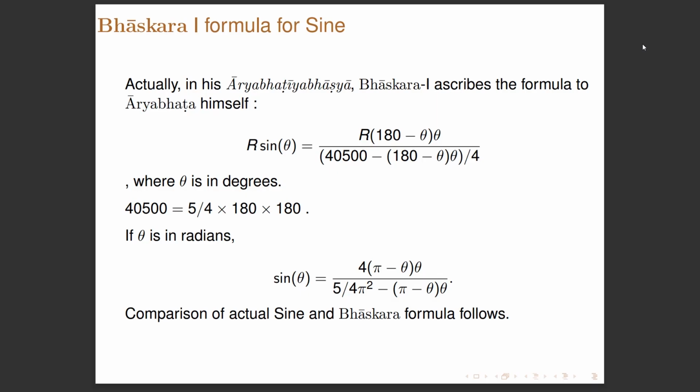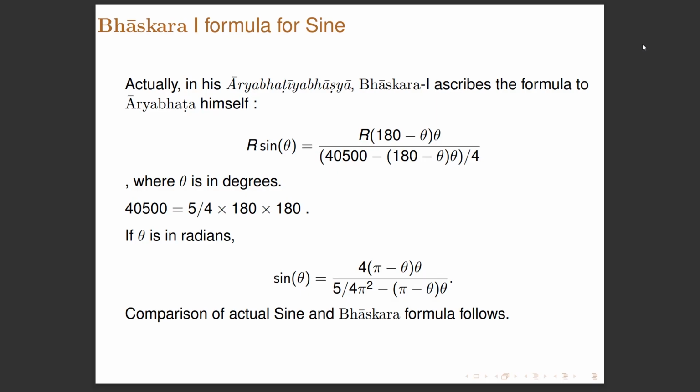Now, Bhaskara 1 also gives a formula for this: R sin theta just as a ratio of these two quadratics in theta. Here theta is in degrees, and you can convert it to radians. So they just give the formula.